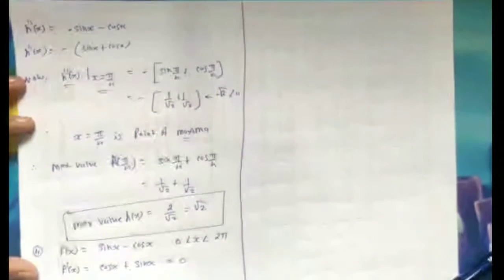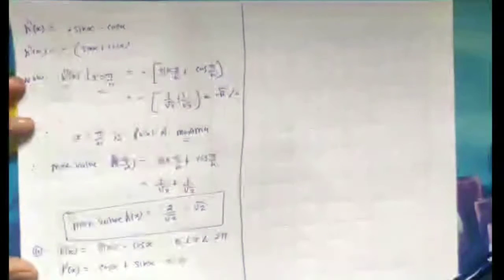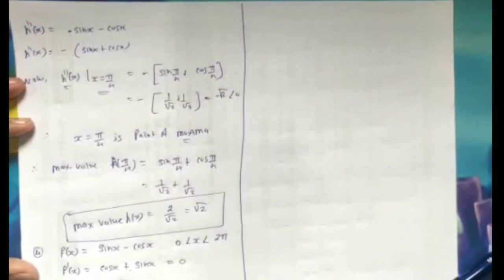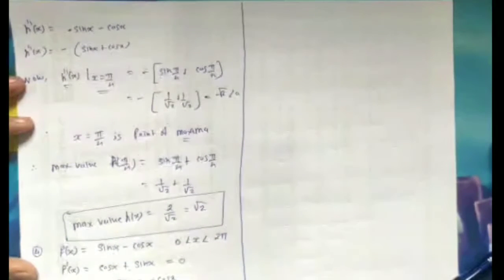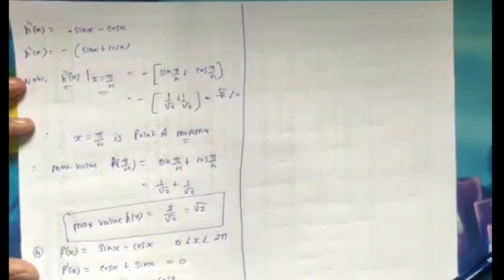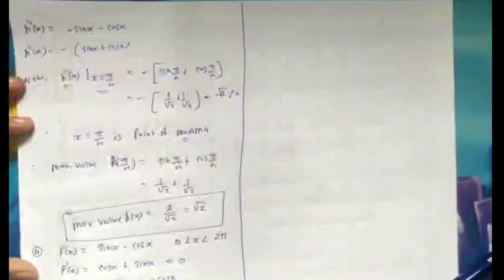So compare this f dash x with 0, and you have to follow the same algorithm. So cos x plus sin x equal to 0. So here you can say that sin x equal to minus cos x. So it will come into division, so tan x equal to minus 1. So tan x equal to minus 1 is there.